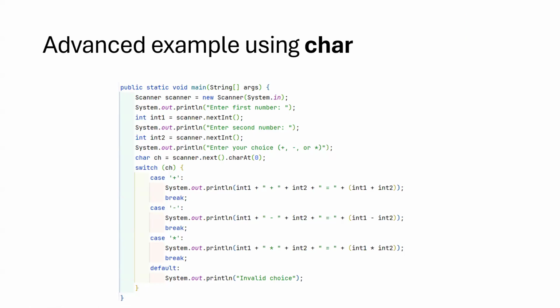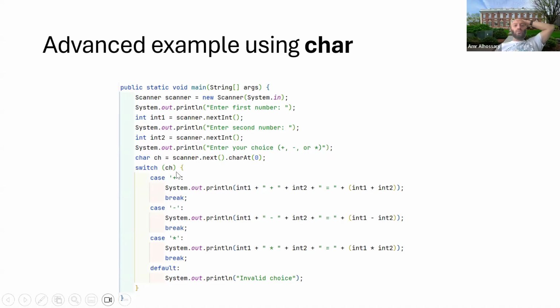I said that earlier when I was showing the different flavors of data types. Anyway, we can use the character itself. We say case plus and break. Case minus and break. Case asterisk and break, and default prints invalid choice.